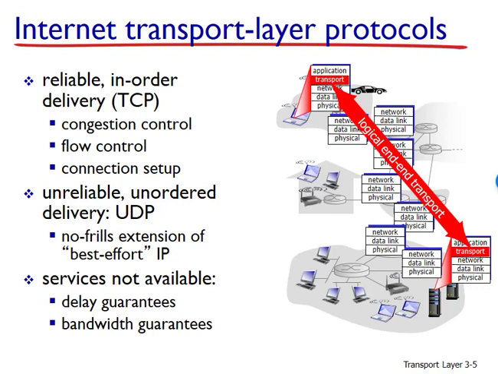It does not guarantee segment delivery. It does not guarantee segments in any order. And it does not guarantee the integrity of the data in the segments. For these reasons, IP is said to be an unreliable service.